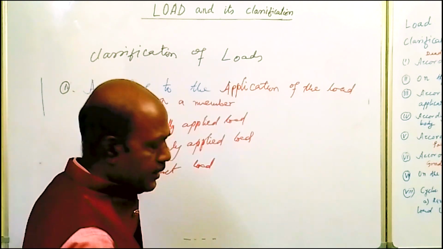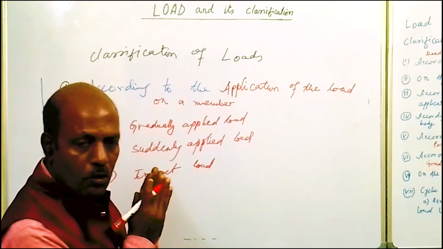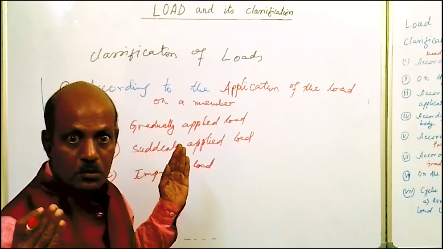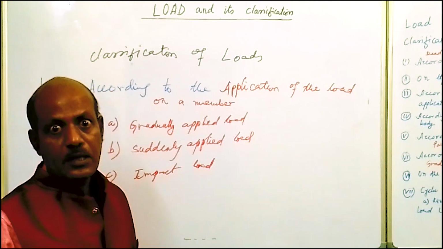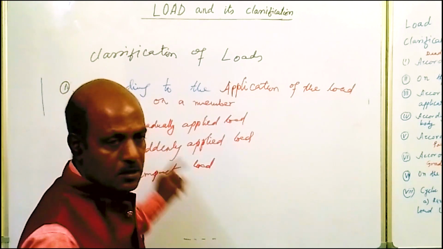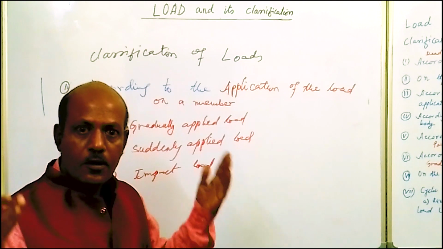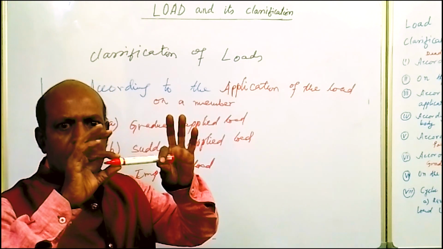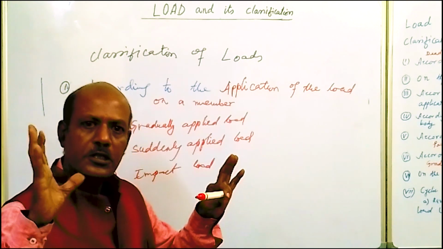As far as the first kind, gradually applied load, when the load value increases from 0 to some maximum value and it requires some time for application of the load, that kind of load is called gradually applied load. Consider a spring. Initially the spring is under load 0.